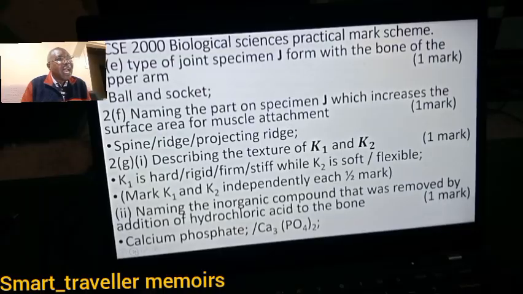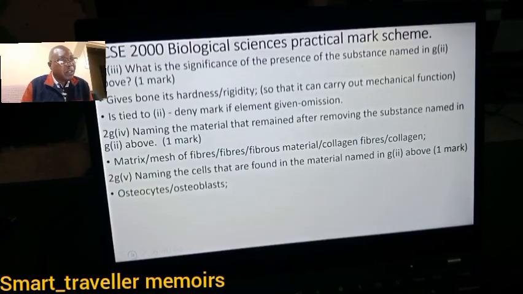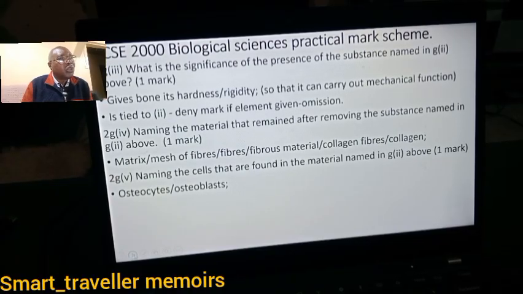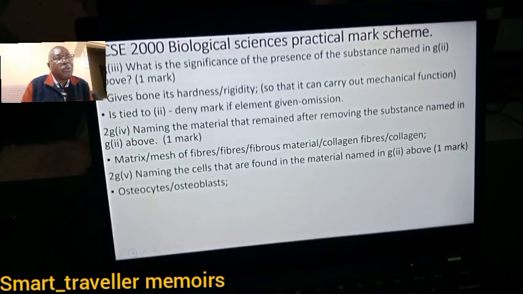G3 is tied to G2. Deny mark if element given, but you put an omission. 2G4, naming the material that remained after removing the substance named in G2 above.